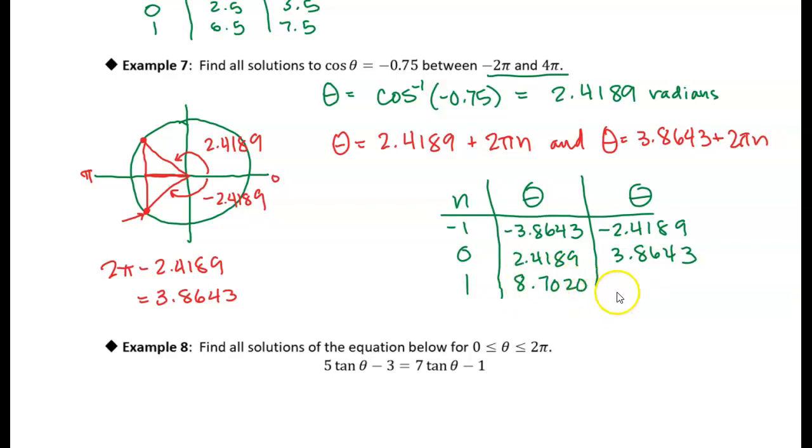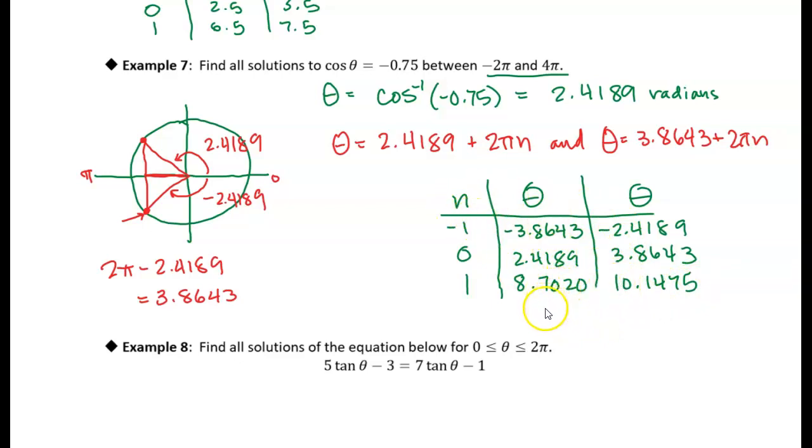Okay, so that's the next angle that's coterminal with this first angle, 2.4189. And then I need another angle that's coterminal with 3.8643. I'm just going to add 2 pi to it. I get 10.1475. Okay. So I've gone 2 cycles forward and 1 cycle back.